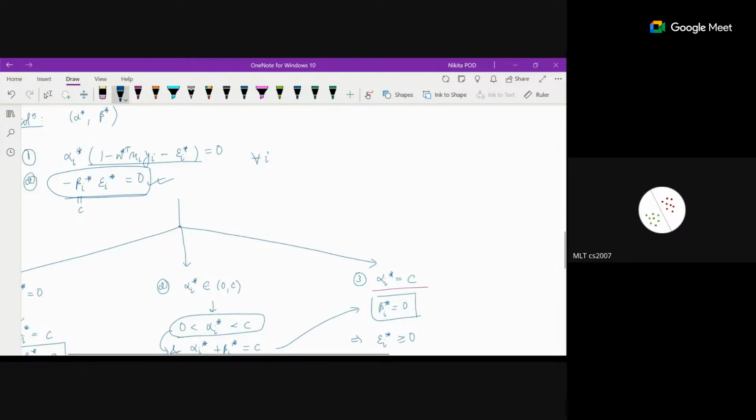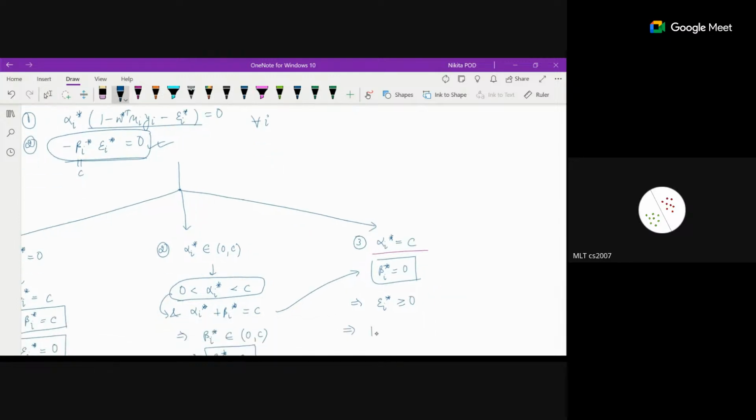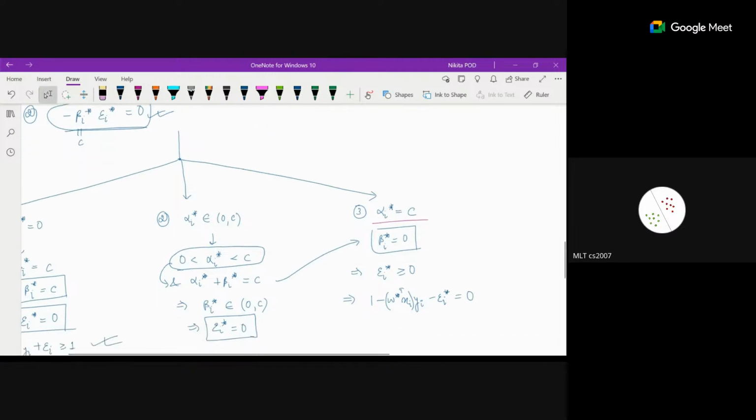So what we are left with is 1 minus W star transpose xi yi minus epsilon I star has to be equal to 0. Okay, this is what we get.